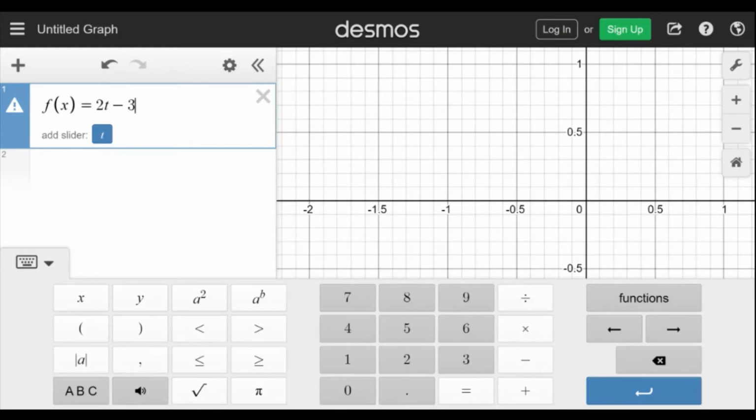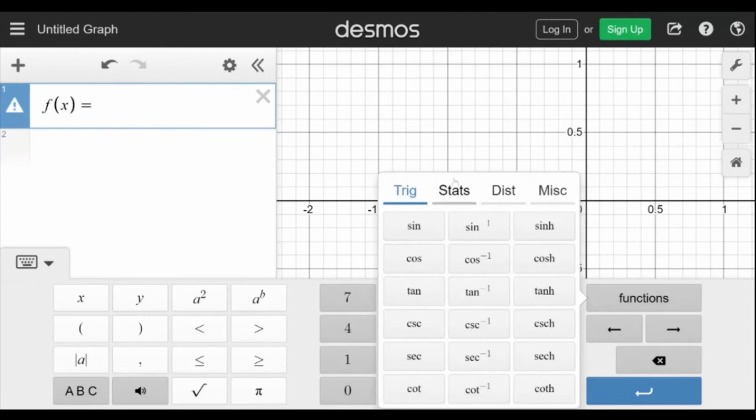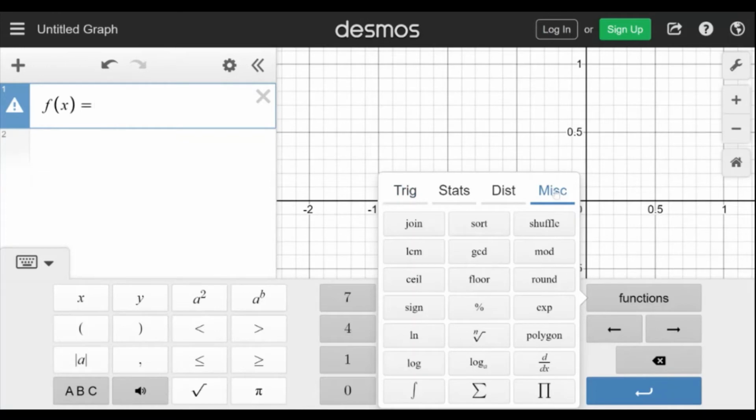Put it over 1. Forward slash. But if I do this, see what happened? Would you have to go to your function keys and see what you have? I went to functions and miscellaneous. Okay, you went to function, you said miscellaneous.